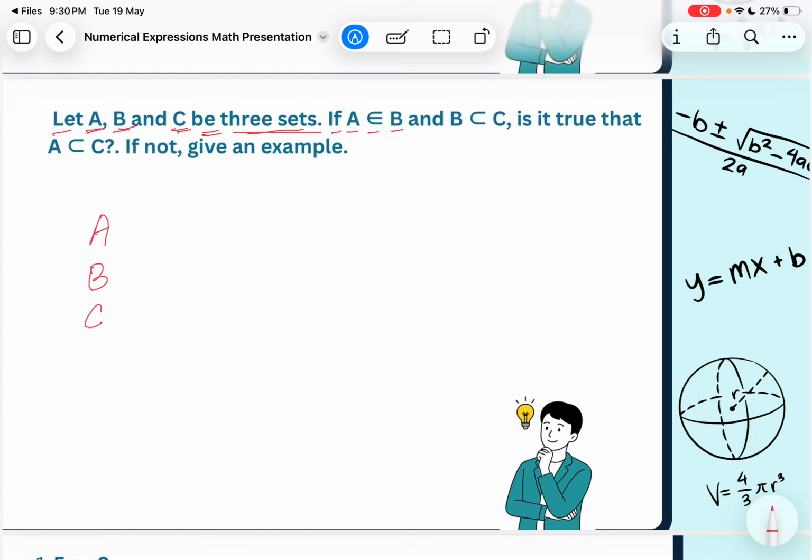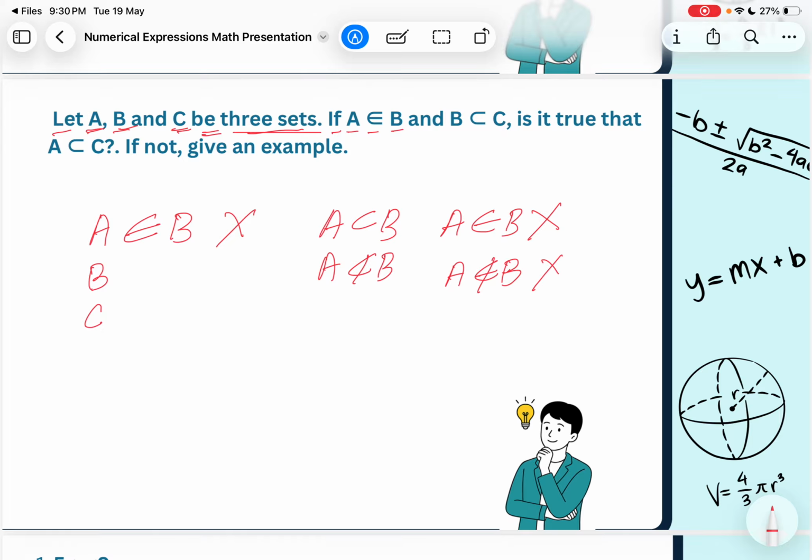When we talk about sets, we cannot use this symbol. This statement is totally false. If you are talking about subsets, then you can use this, or you can say this is not a subset of B. You can't say that A belongs to B or A does not belong to B. Both statements are wrong.